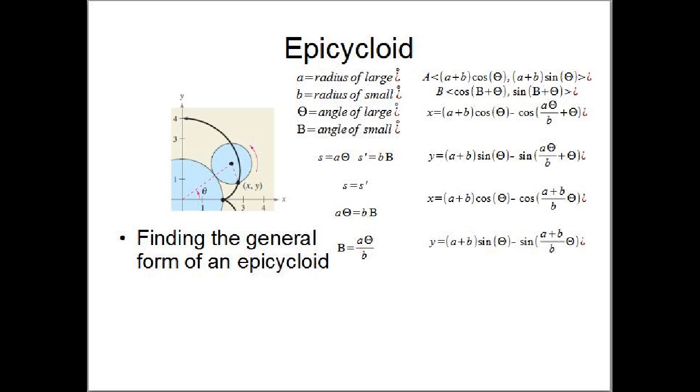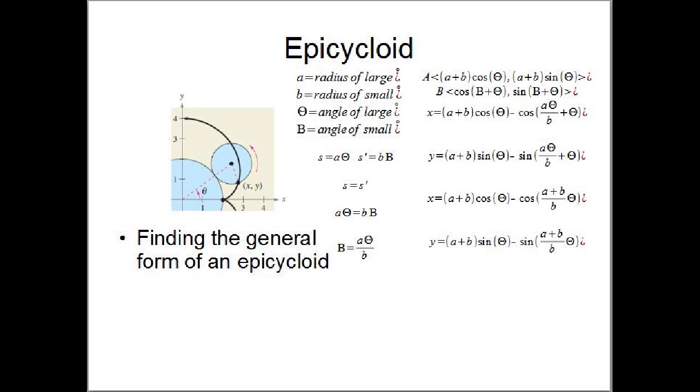So we get A plus B times cosine of theta and A plus B times sine of theta. For the second vector, we will take the cosine and sine of the angles added together, and that will be cosine of beta plus theta and sine of beta plus theta.